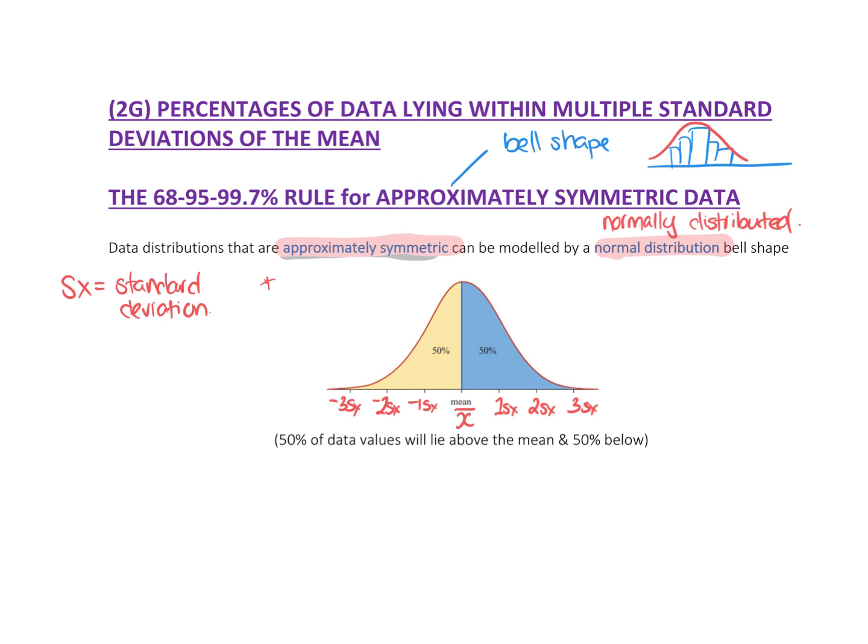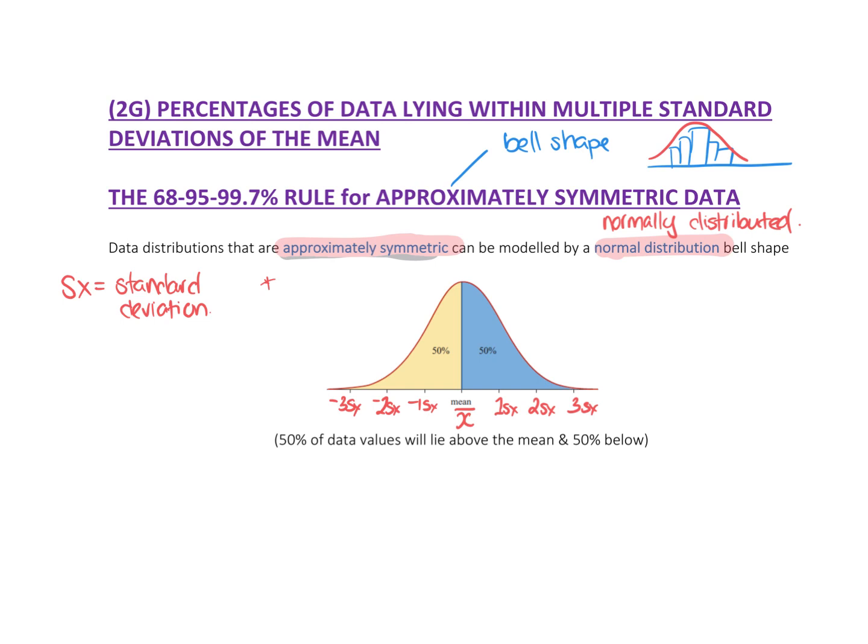The first thing we know about symmetric data is that 50% of the data is going to be above the mean and 50% below. Say, for example, I surveyed 100 people's height and it came out symmetric, 50% of the people are going to be above the mean. So there'd be 50 people above that mean height, and 50 below.